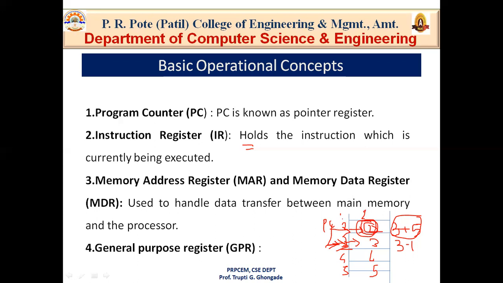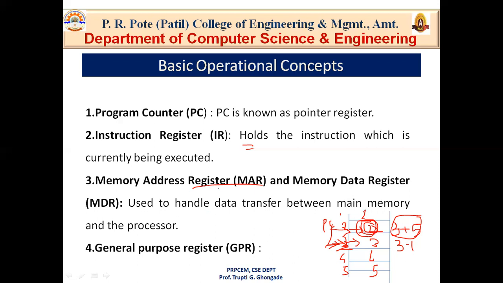Now the processor has to fetch the instruction from memory location 2, but this address is given by the memory address register. How does the processor get to know that it has to fetch data from memory location 2? Because of this memory address register, which holds the address of the instruction.